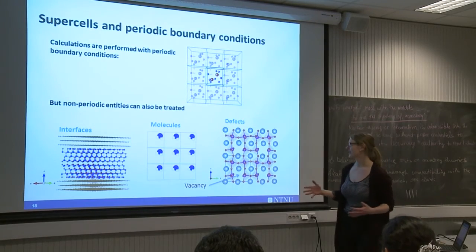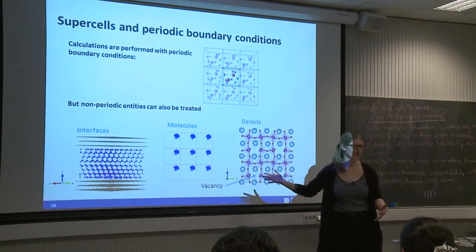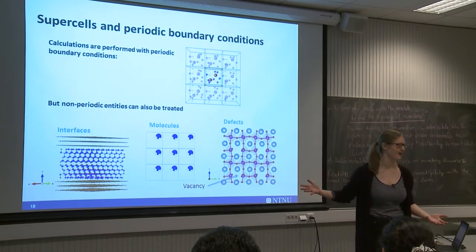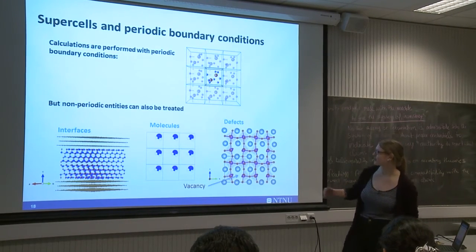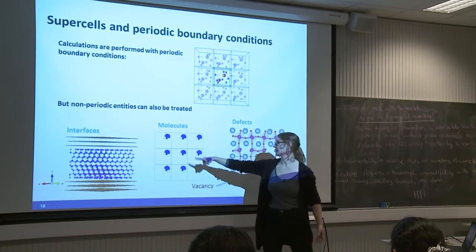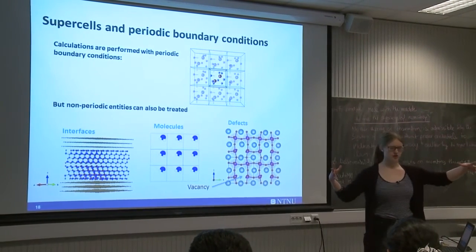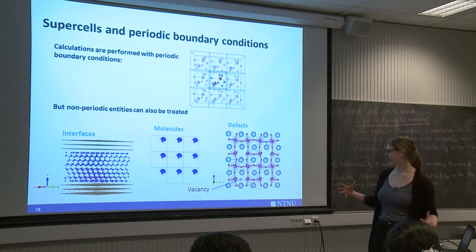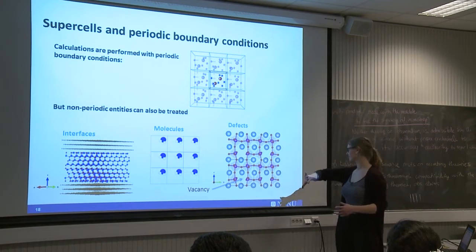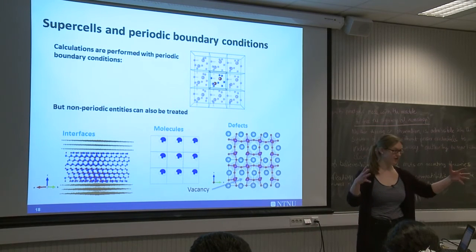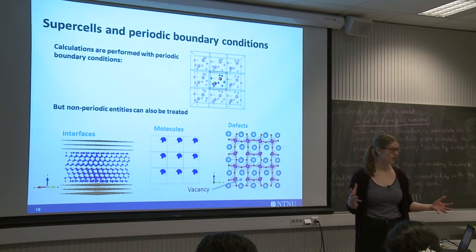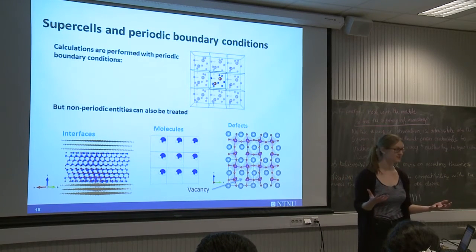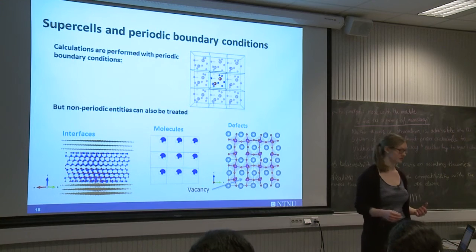So for example, if you want to simulate a molecule, first of all, maybe plane wave DFT is not the best thing because it's optimized for crystalline structures. But if you don't want interaction across the periodic boundary condition, you have to make a lot of blank space around it, right? And also when you simulate defects, you need to take care in how you define your supercell to not have artificial interactions due to the periodic boundary conditions.